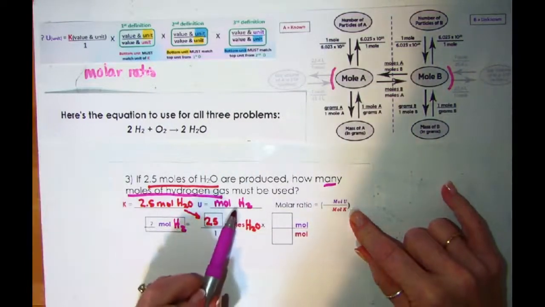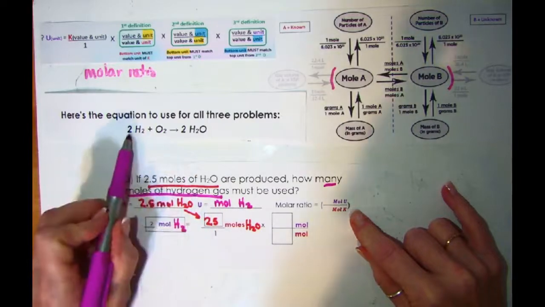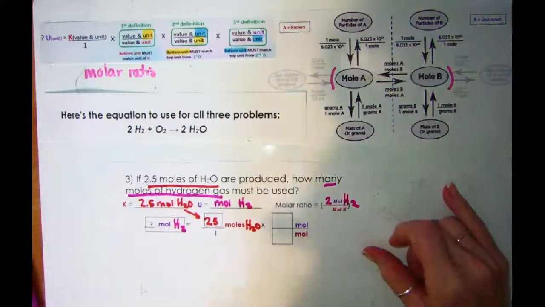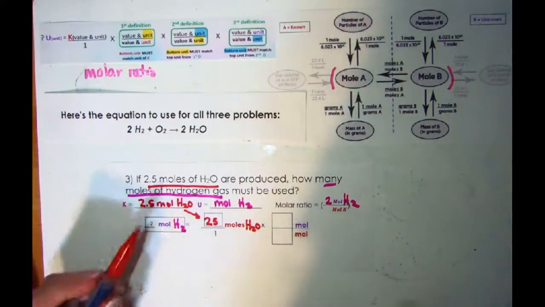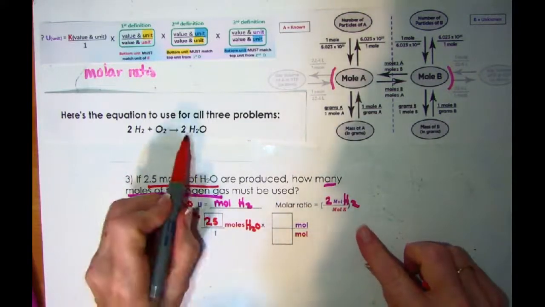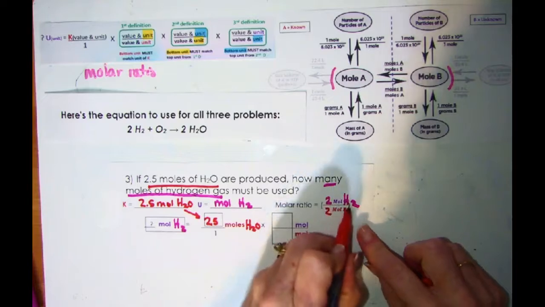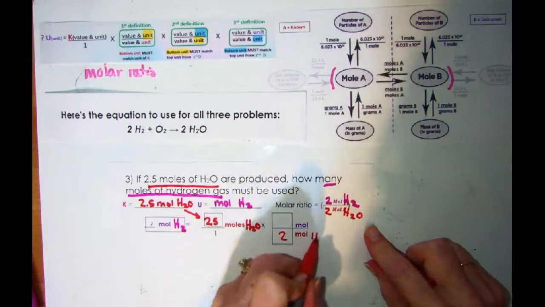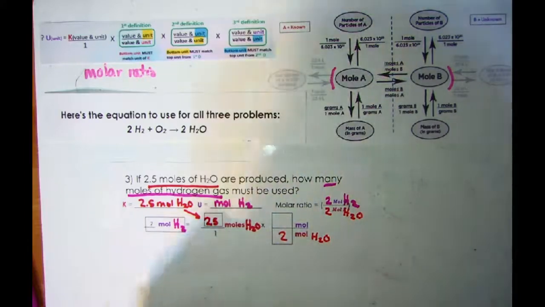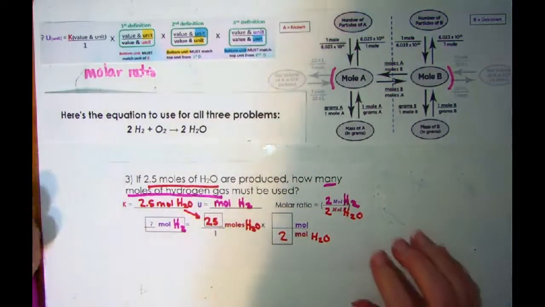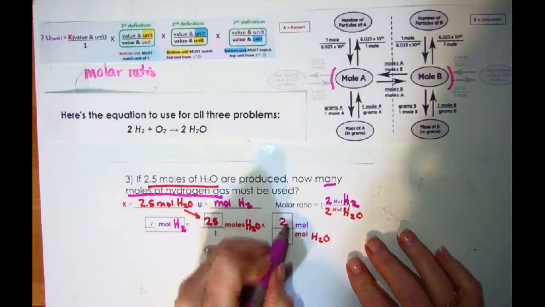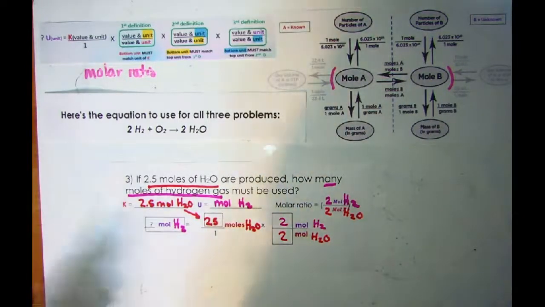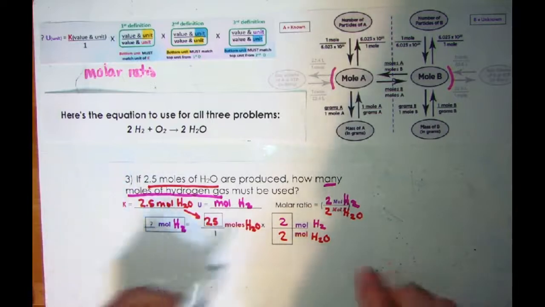Since H2 is my unknown, I'm going to use the 2 and put it on top. Since my known is water, there's a 2, so 2 moles of H2O goes on the bottom. I substitute each of the molar amounts into the formula and cancel before we ever do the math.